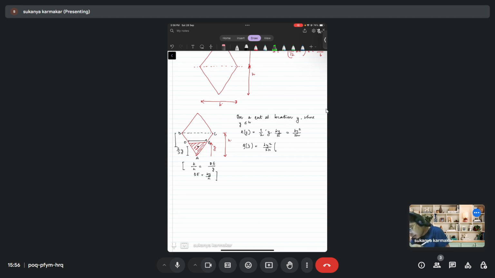This distance will be the total distance h minus 2 by 3 y. So h minus 2 by 3 y. So this simplifies to b y squared by 2 minus b y cubed by 3h.